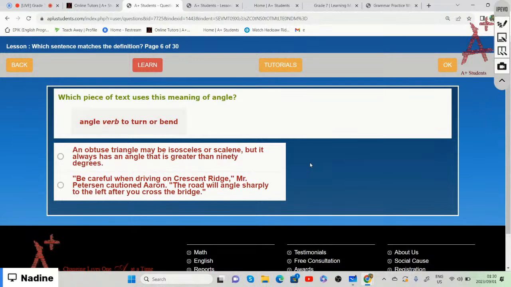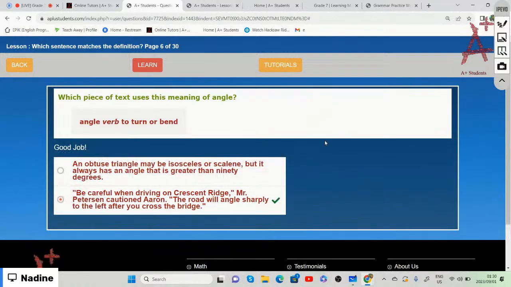And then it says, be careful when driving on Crescent Ridge. Mr. Peterson cautioned Erin, the road will angle sharply to the left after you cross the bridge. So we're going to choose the second one.